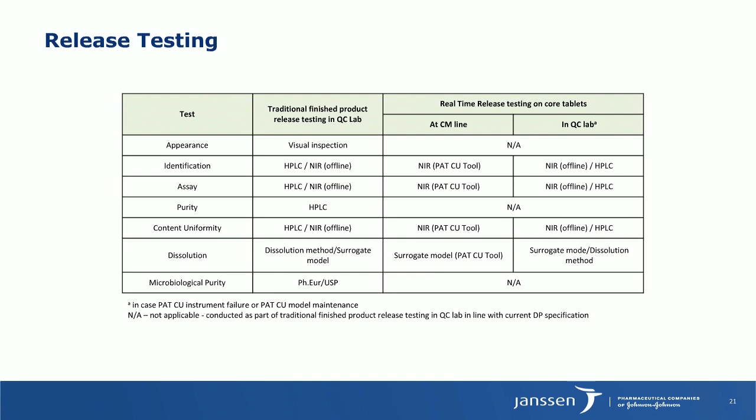For these different tests, we can use the PAT-CU tool itself, and we can use a surrogate model for dissolution. If in any circumstances the PAT-CU tool is not in use or cannot be used, then you can still do real-time release testing, but you have to think that you still need to do the NIR offline in the lab. Here, the real-time release testing is done on the core tablets and not on your finished coated tablets itself.